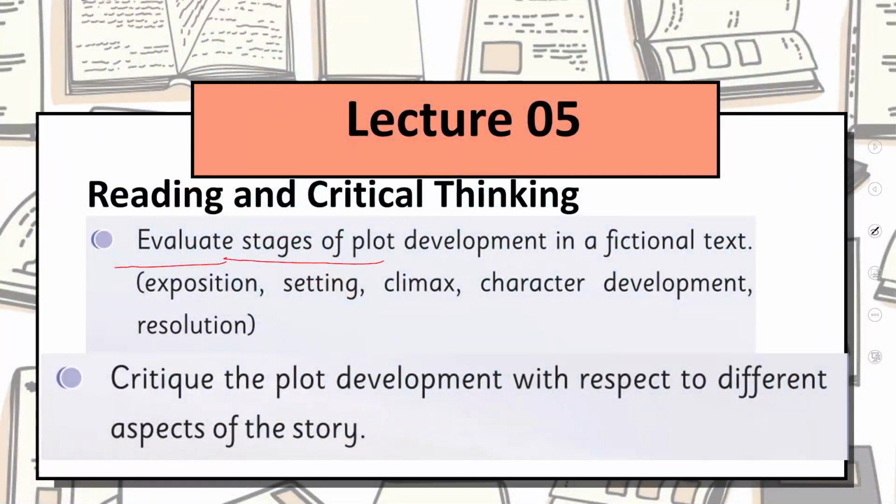evaluating stages of plot development in a fictional text, and all these stages of a plot in a story: exposition, setting, climax, character development, resolution. So exposition, climax, resolution, these are part of your plot development stages.